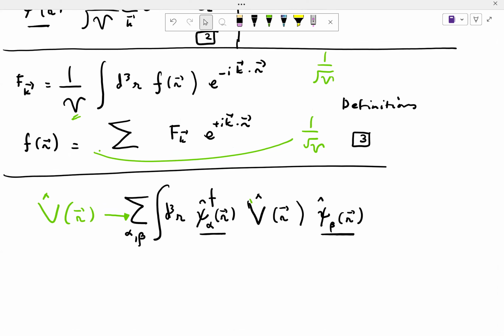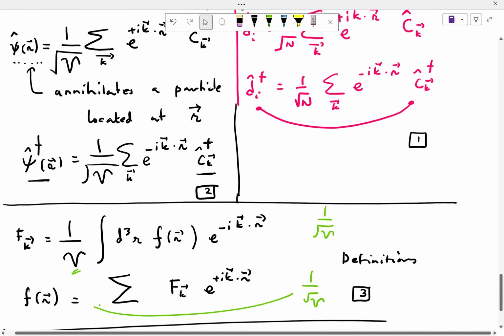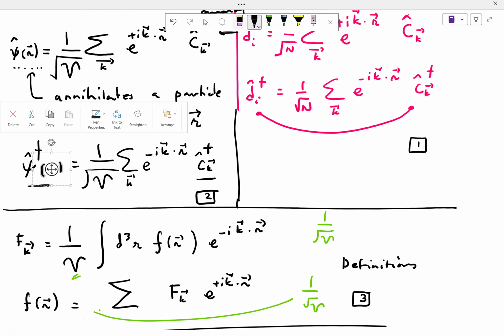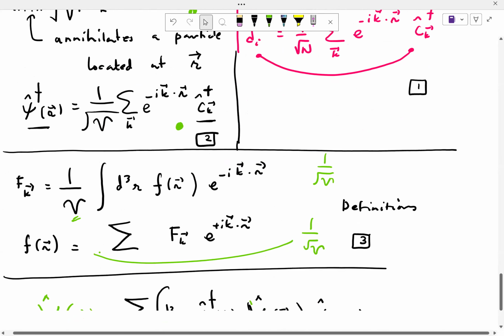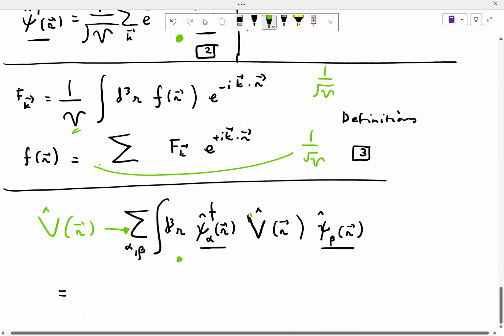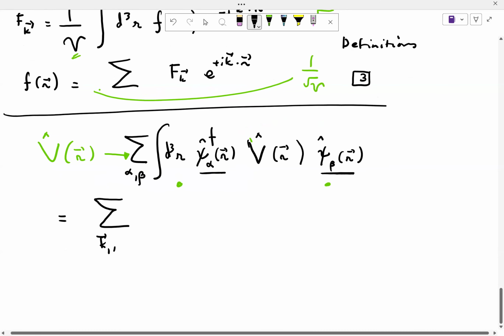Now, what I could do, I could actually express this. I can take these values of the field operators from here and from here and put them in here, here and here. And if I were to do that, so instead of alpha beta, I would like to use the variables k1 and k2.